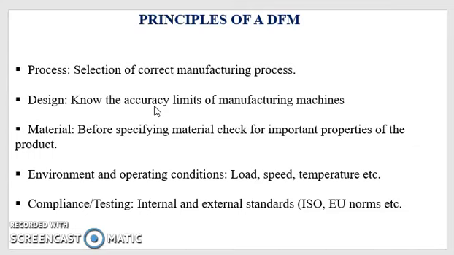The next principle is material. It is important to select the appropriate and correct material for your part or product. Before specifying material for a product, check for important properties, which can be mechanical, optical, electrical, resistance to fire, or thermal properties, as necessitated in the application in which the product will be used.